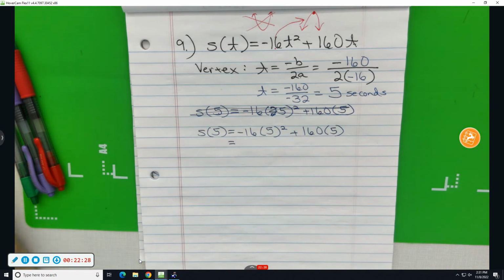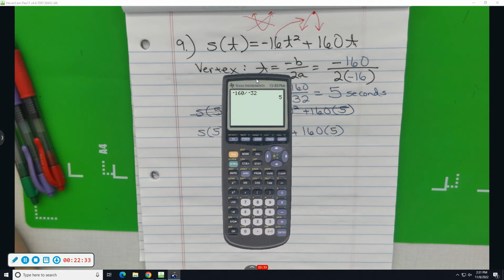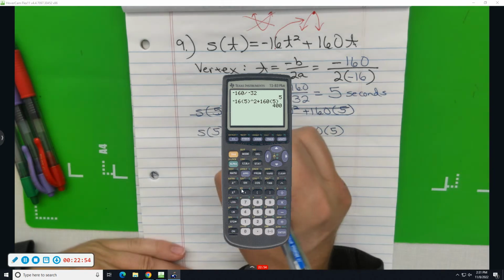And pulling up our calculator, we'll have negative 16 times 5 squared plus 160 times 5. That's giving us a height of 400 feet.